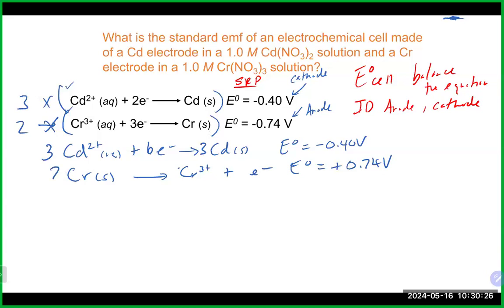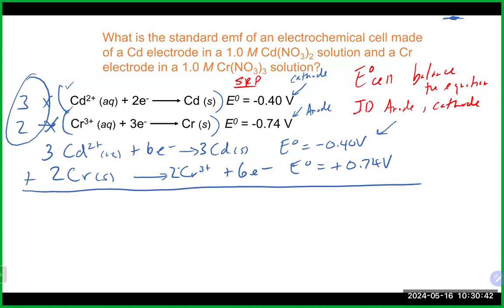Multiplying the bottom by 2, a 2, and a 6 in this case. Remember that although we did multiply by these numbers, the E values are unaffected by that, so you don't need to multiply or do anything with that. That then should give me my proper equation, where the electrons completely cancel out.